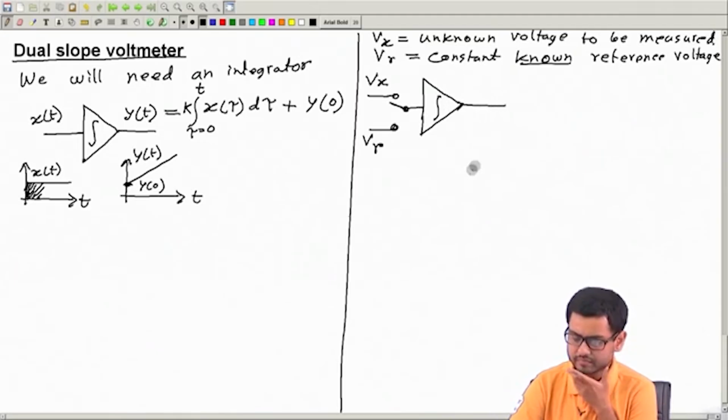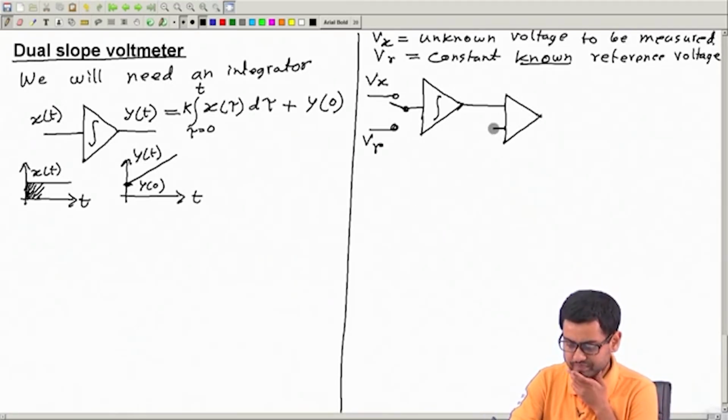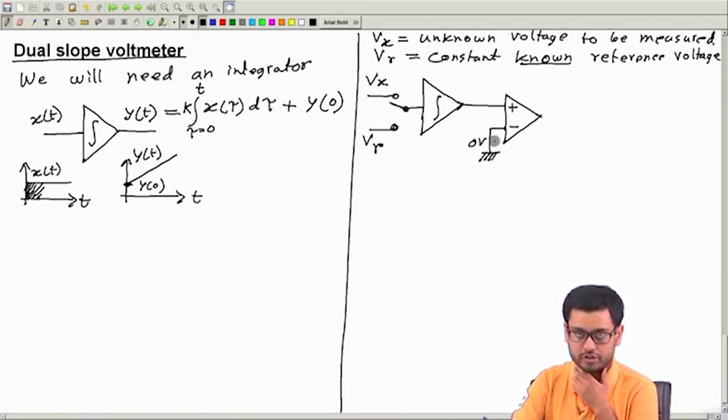So, we have these two things, and now let me connect a comparator here. So, what does this comparator do? It compares whether this value is higher than 0 volt or not.